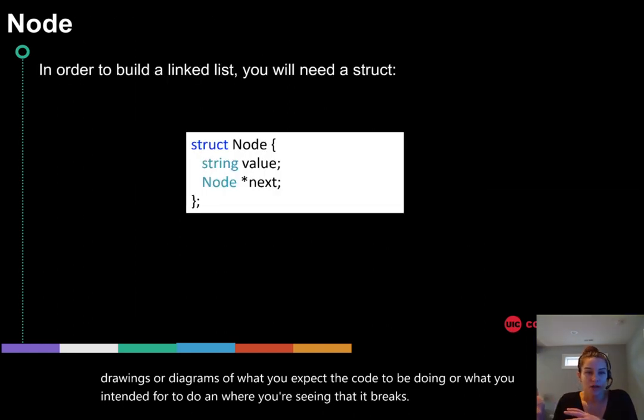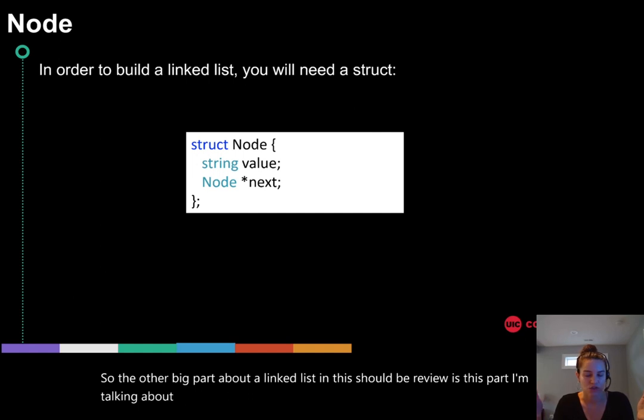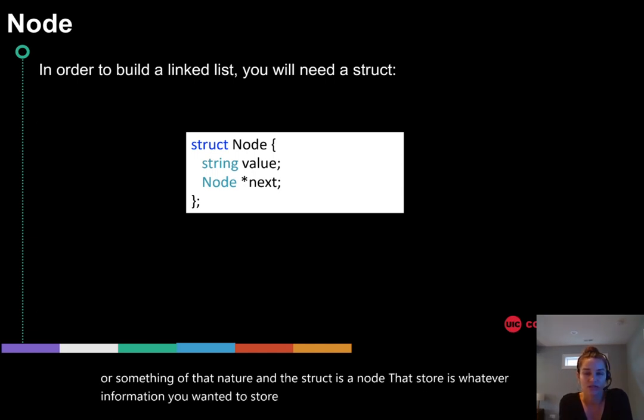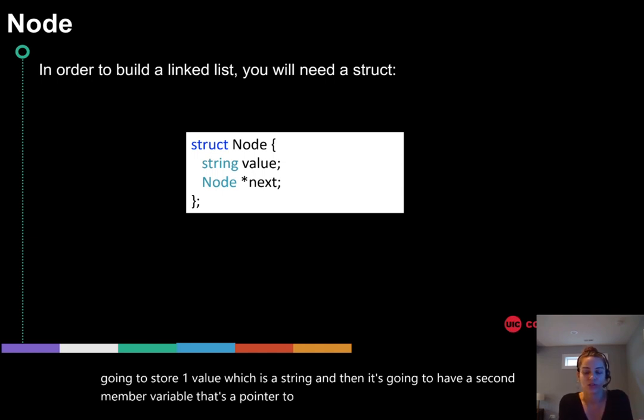So the other big part about a linked list, and this should be review, is that you use a struct, which is usually called a node or a cell or something of that nature. And the struct is a node that stores whatever information you want it to store. So in the case of the simple linked list, it's just going to store one value, which is a string, and then it's going to have a second member variable that's a pointer to the next node that it's connected to.